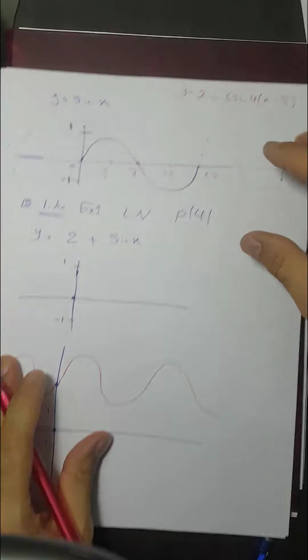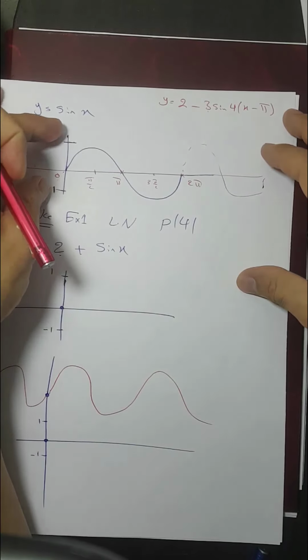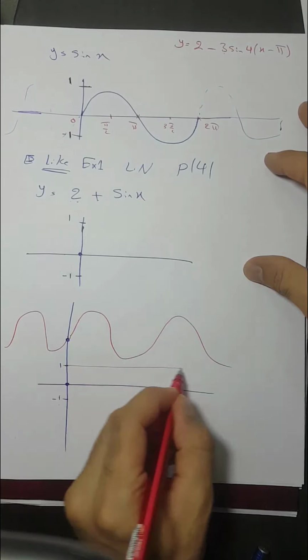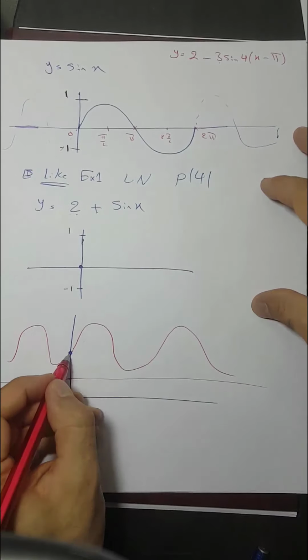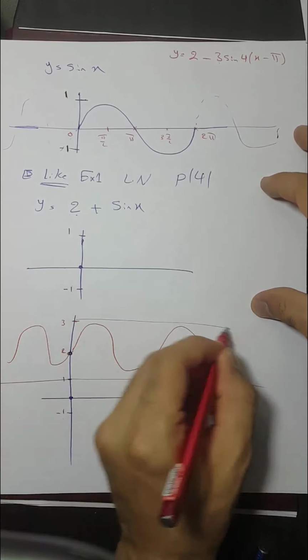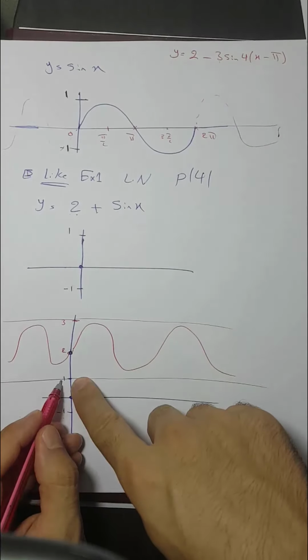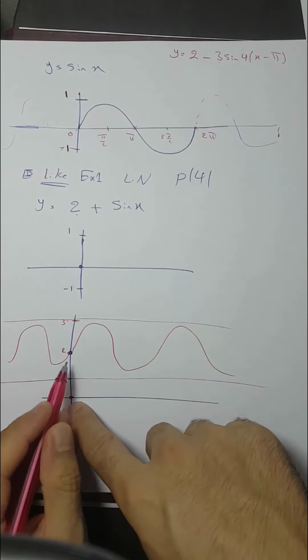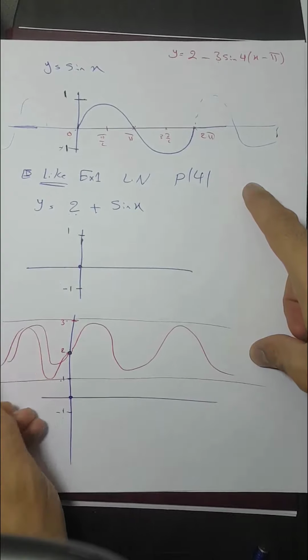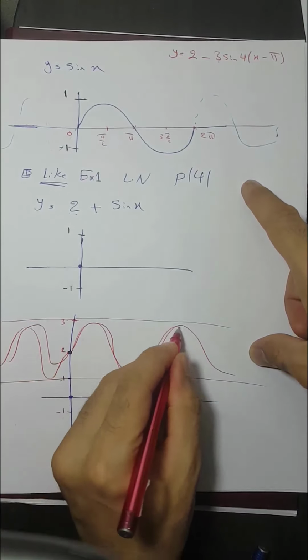In the original function, my range was between -1 and 1. So -1 plus 2, I will get 1, and 1 plus 2 is equal to 3. So 1 plus 2 is 3, 0 plus 2 is 2, -1 plus 2 is 1. That's why my graph will be something like that, okay, dear?